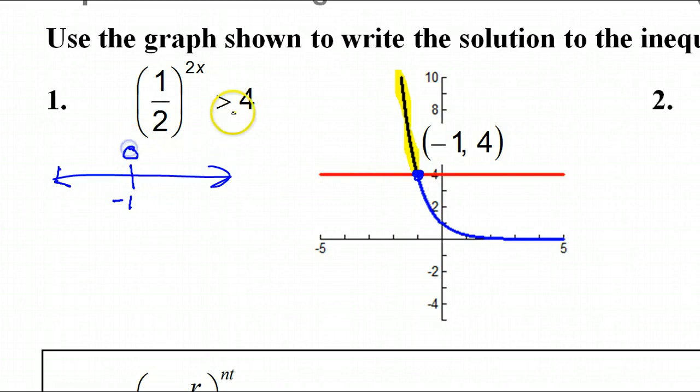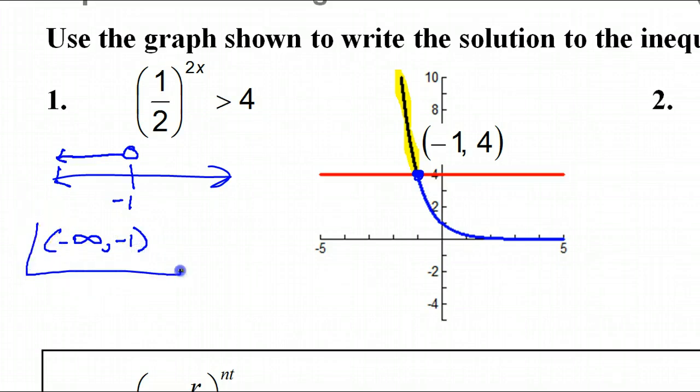I'm going to make an open circle because it's not equal to, and I am going to go to the left. The interval notation for this would be -infinity to -1. Both rounded parentheses. Open circle is always rounded. So that's number 1.